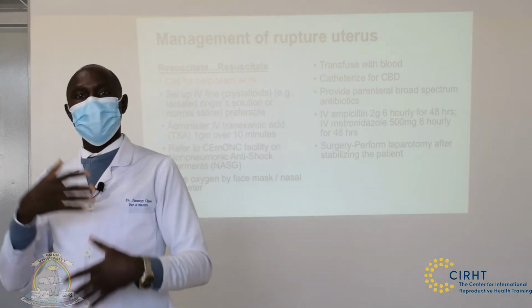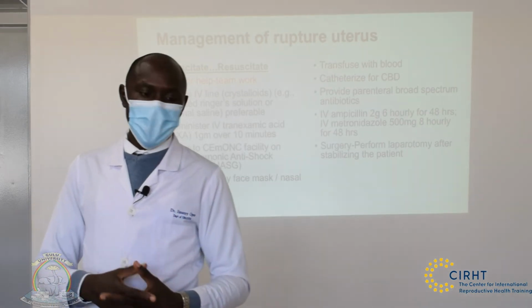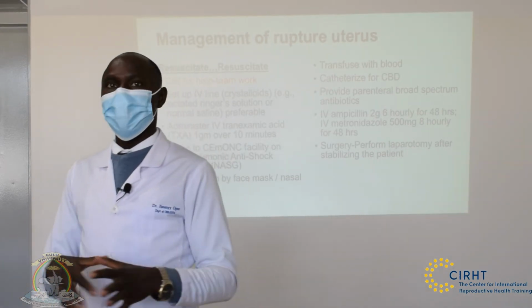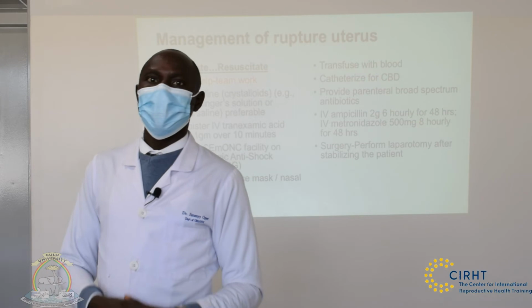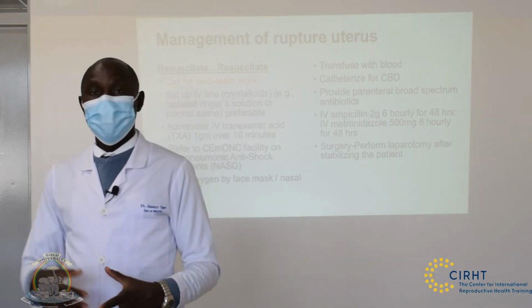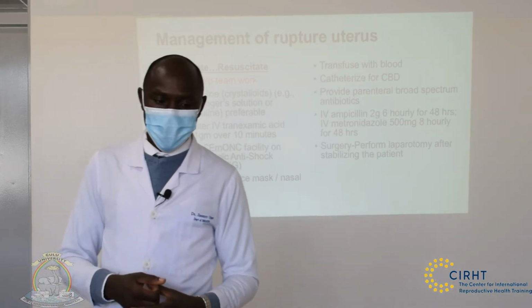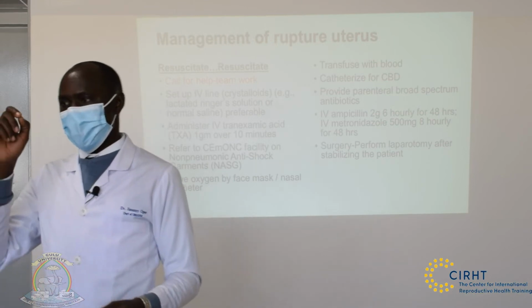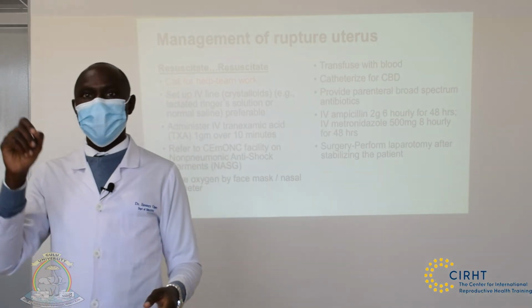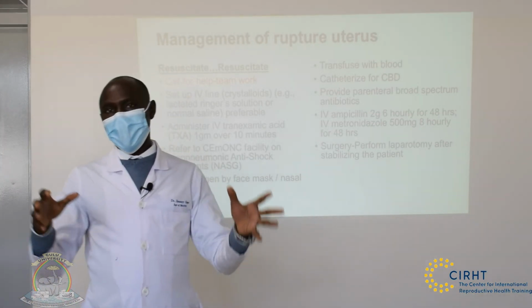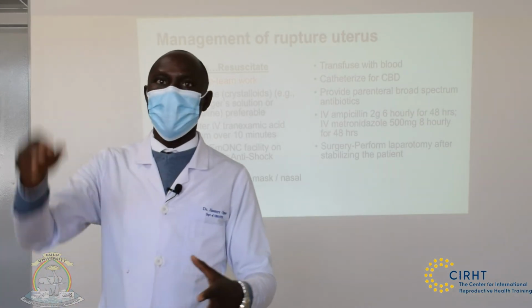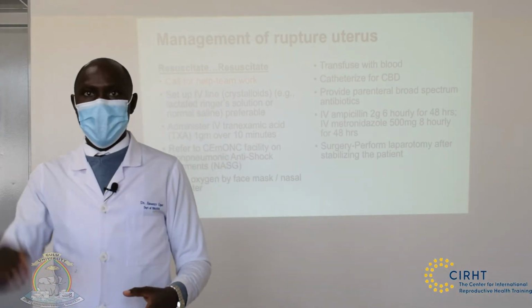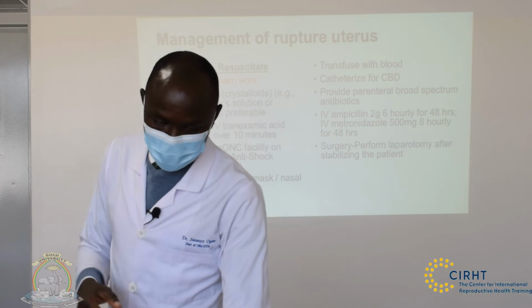Catheterize the bladder to make sure there is continuous bladder drainage, and also provide parenteral antibiotics. This patient is at risk of having infections, so make sure you provide them with broad-spectrum antibiotics, as I've given there. But one more thing that I want to say is not the last, but it's also not the first. It is among the package that is to perform laparotomy as immediately as possible.